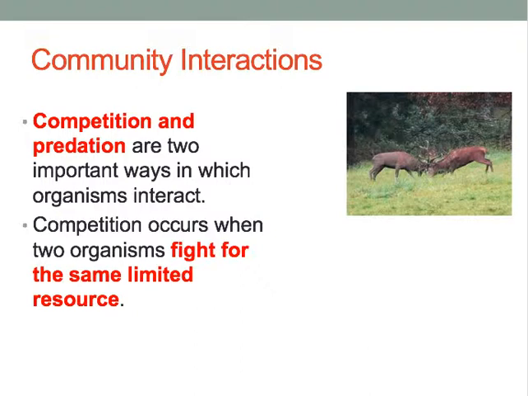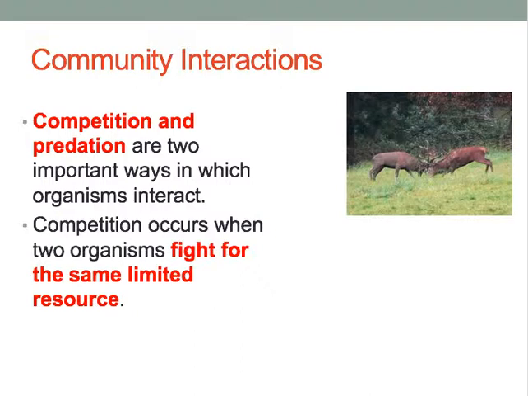So competition is basically when two organisms are competing against each other to inhabit a certain niche or role within the environment. So competition occurs when two organisms fight for the same resources. Now these might be food resources, these might be breeding resources, so they might be the same species competing for a mate.